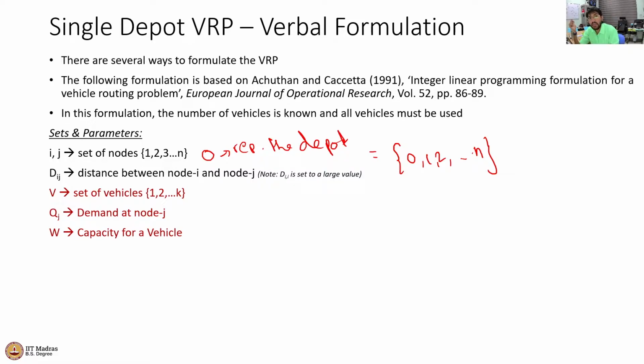But here, since I have a capacity constraint, I must know what is the demand at a particular node. So Qj is the parameter I should know, and W is the capacity of my vehicle. And for this formulation, I assume that all vehicles have the same capacity. So W is the capacity for every given vehicle. Okay, so these are the sets and parameters that I would require for formulating the single depot vehicle routing problem.